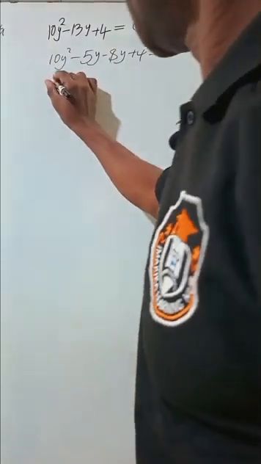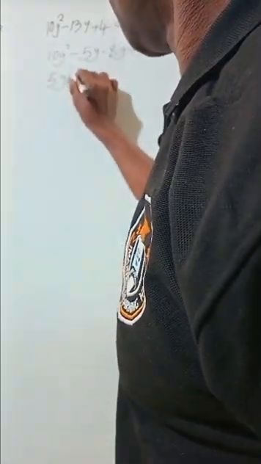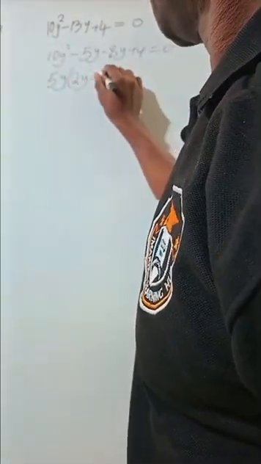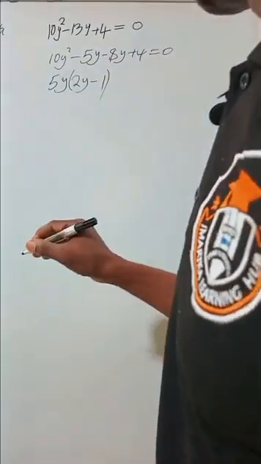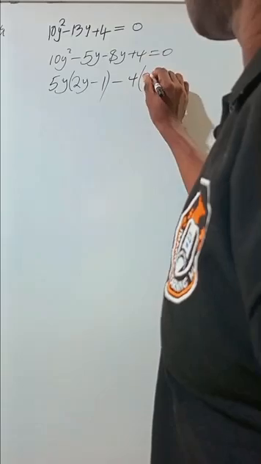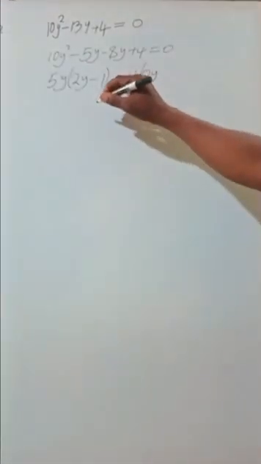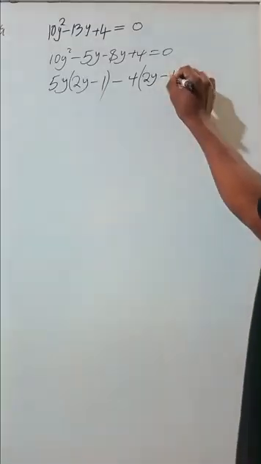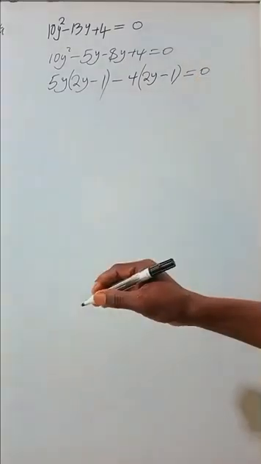Taking the common factor here, it is 5y, then we have 2y minus 1. Here the common factor is 4, then we shall have 2y, and since there is a negative outside, this one will become negative 1, equals 0.